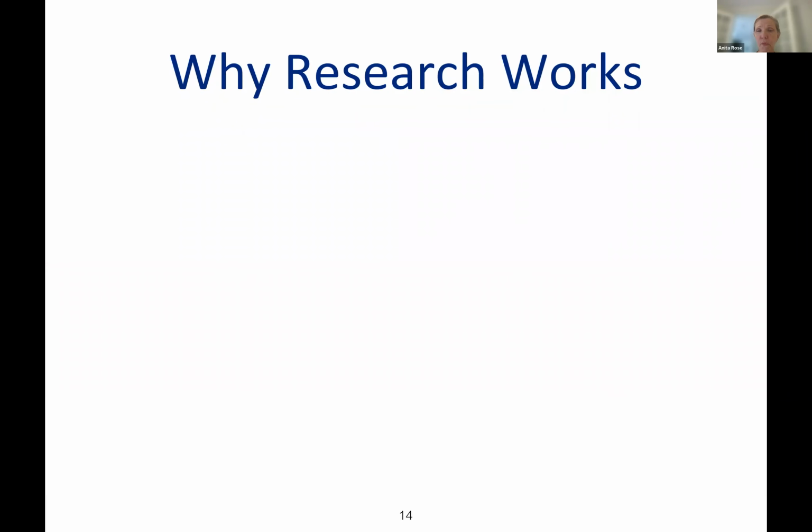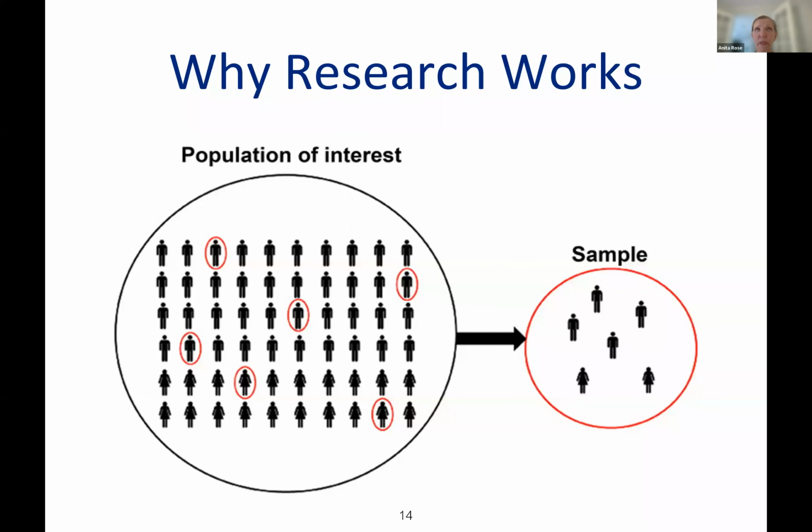Okay, so now why does research work? Here's an idea. We have a whole population of people that we would like to get data from. We have this large group of people, maybe 100 people, say. But what we can do is sample a small random sample. So these are random people from this larger population.